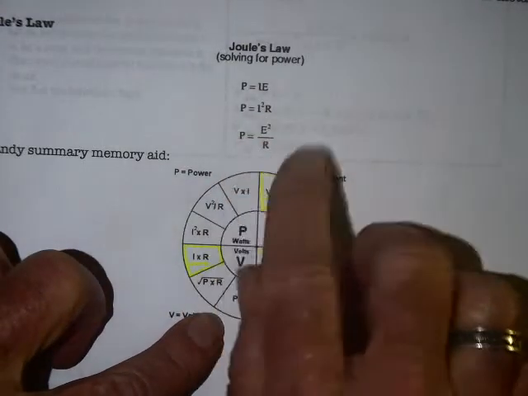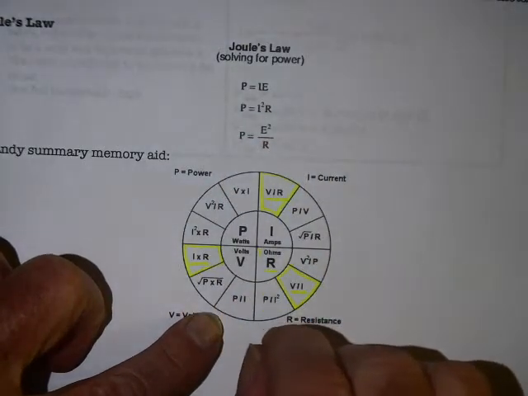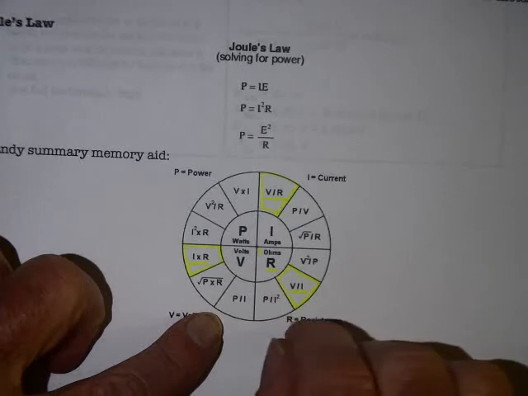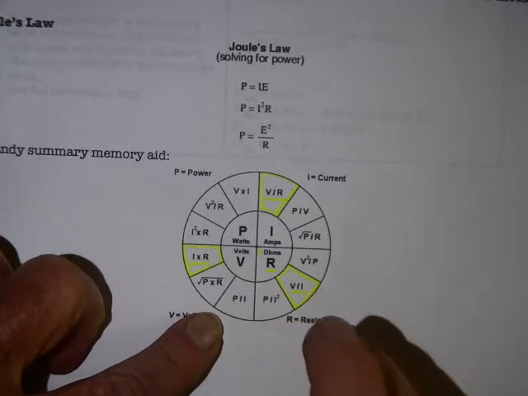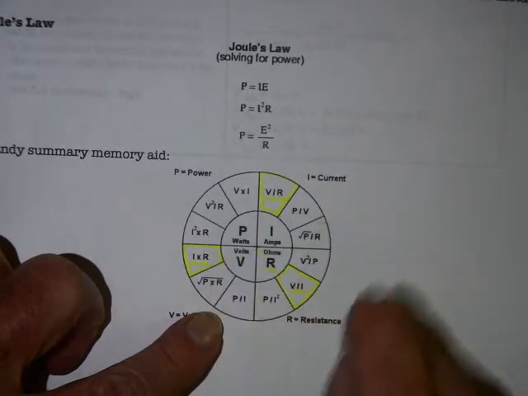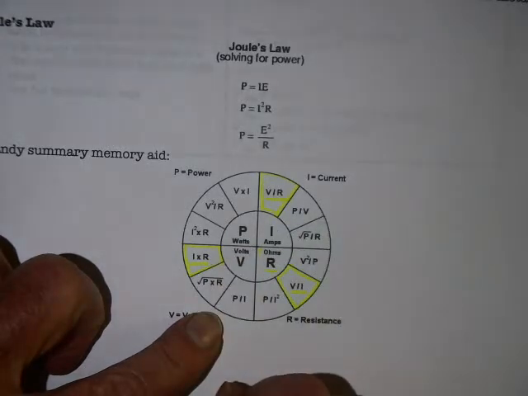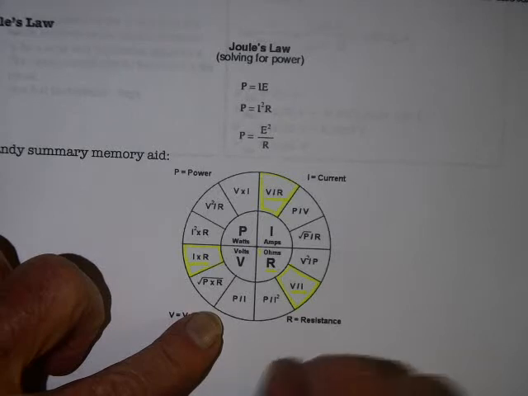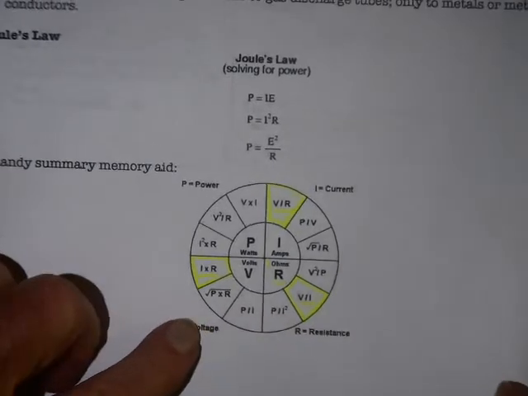So instead of trying to memorize that, because a lot of the electrical work is going to be just plug and play, you'd have everything, Joule's and Ohm's law, handy.